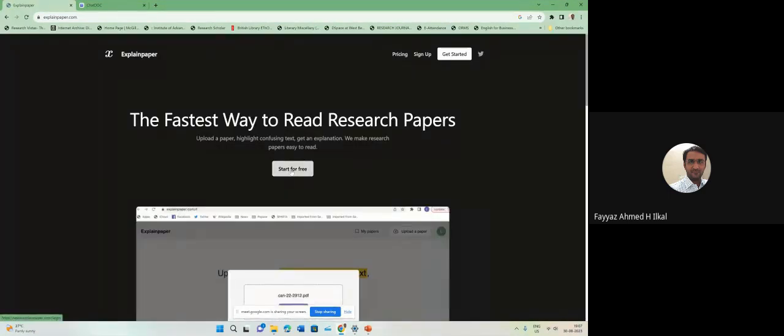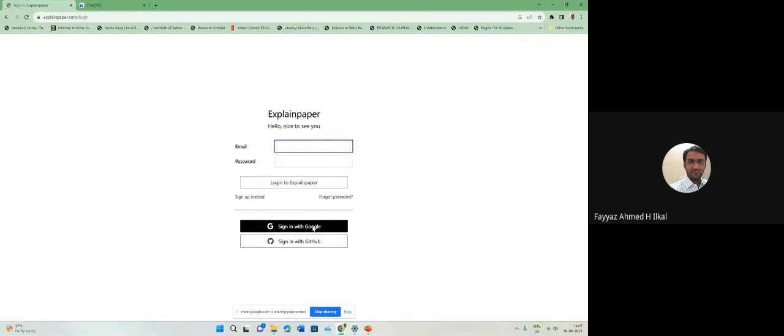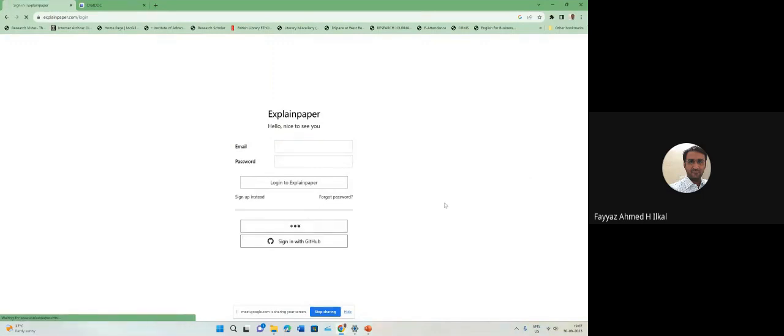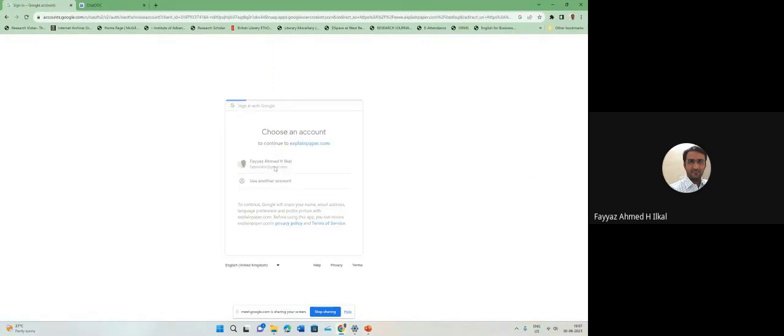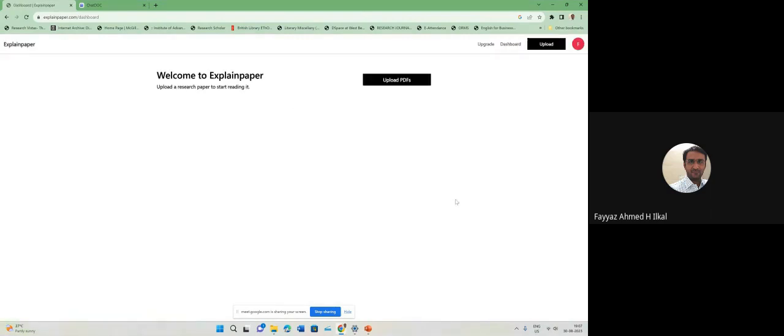Now you can start it for free. Here also you have to sign in with your account, email ID. And here also you have to upload PDFs.